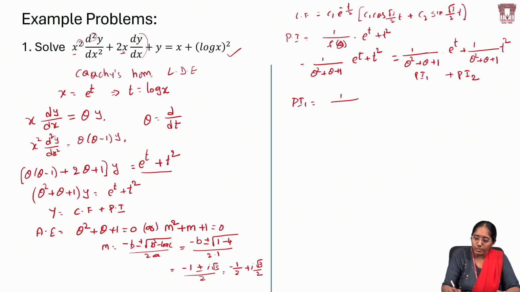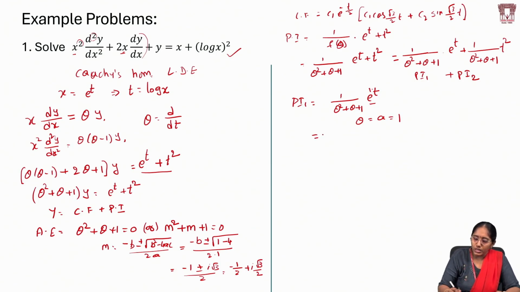PI1 is 1 by theta square plus theta plus 1 into e power t. Here the right hand side function is exponential, so you can replace theta with a, where a is the coefficient of t in the exponential, that is theta is equal to 1.